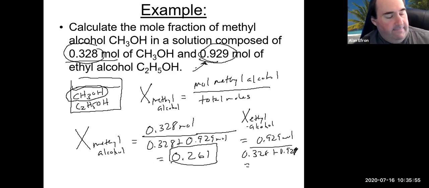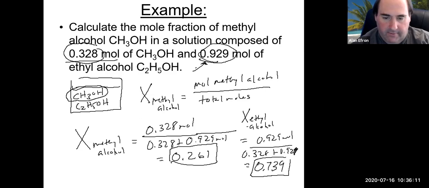And if we did that, we get 0.739 as our mole fraction for our ethyl alcohol.